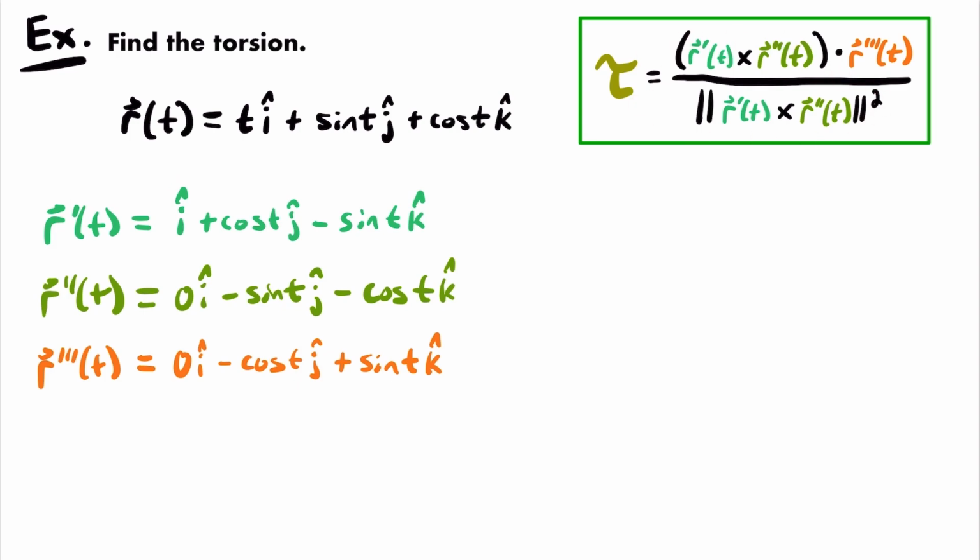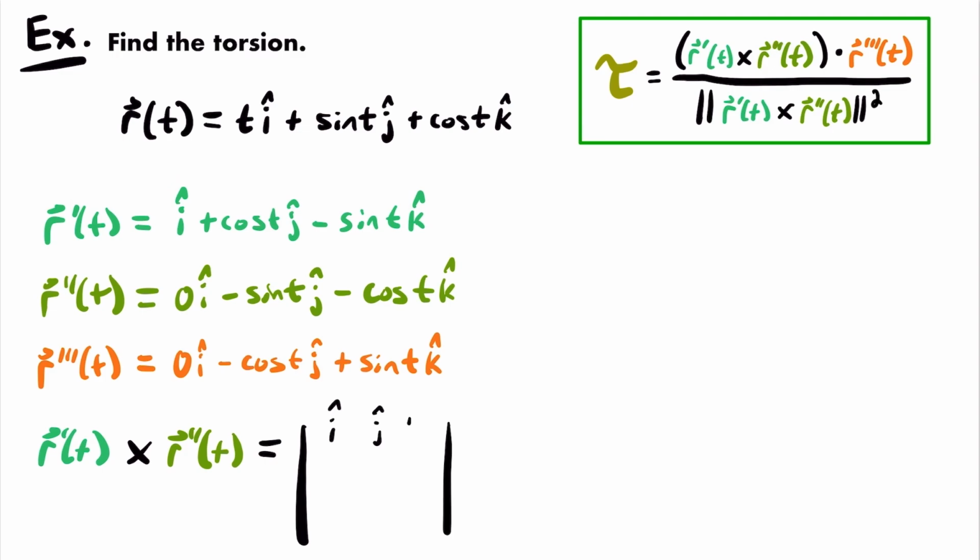What we want to do next is take the cross product of the first and second derivatives. So let's set that up now. We're going to take r prime of t and cross it with r double prime of t. So you want to set up a 3x3 matrix where the first row is i, j, and k. By the way, I did mention that this numerator is a triple scalar product. Technically, you could calculate this as a triple scalar product.